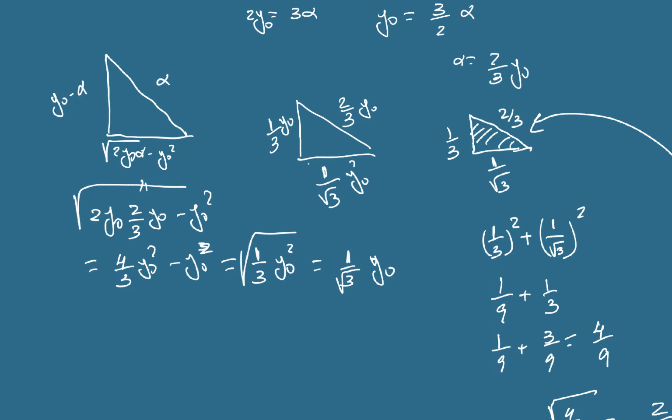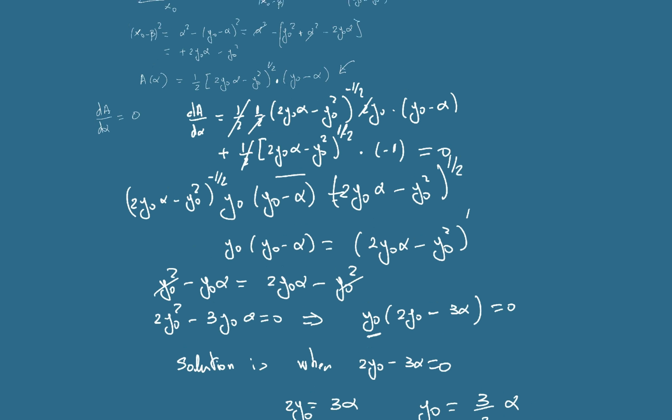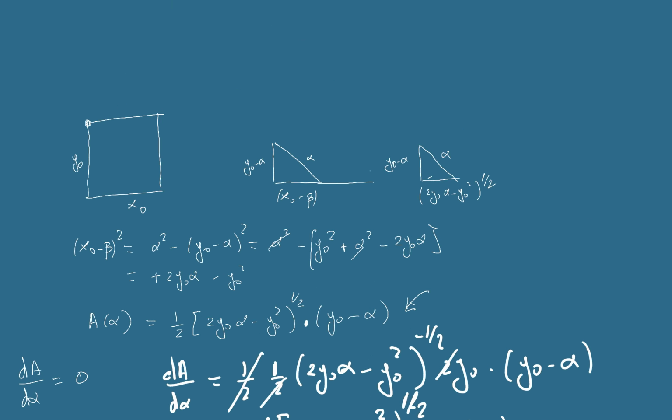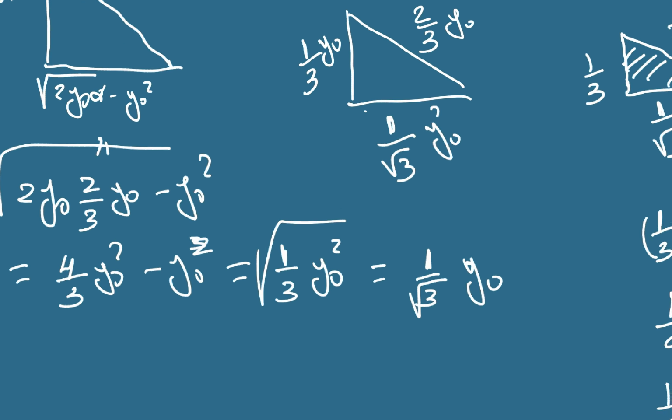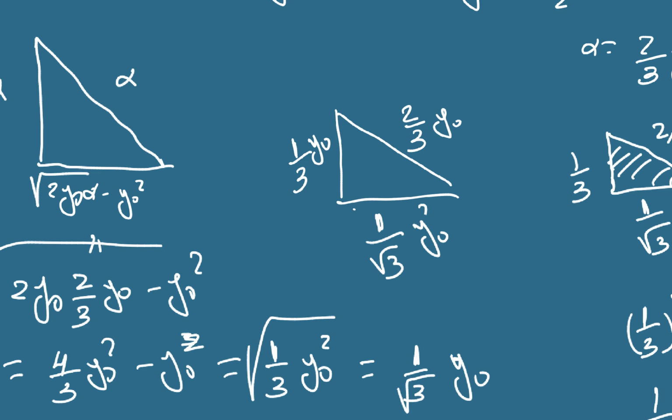Remember the paper that I drew at the beginning. This paper, y0. So the area is maximum when you leave 1/3 of y0 here, and here you leave 1 divided by square root of 3 of y0.